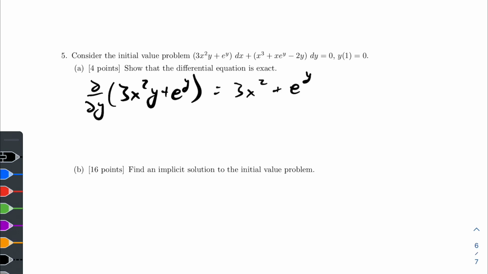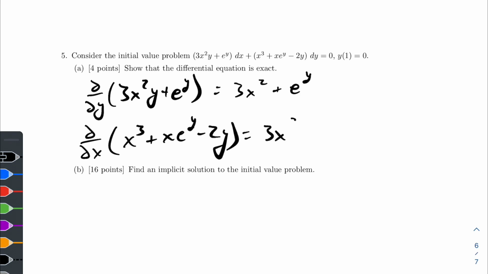Derivative of e to the y with respect to y is just e to the y. And then del x of the other thing, x cubed plus x e to the y minus 2y. Derivative of x cubed is 3x squared. Derivative of x times a constant is the constant, which is just e to the y, and the derivative of negative 2y is 0. So we get the same thing, so it's good.